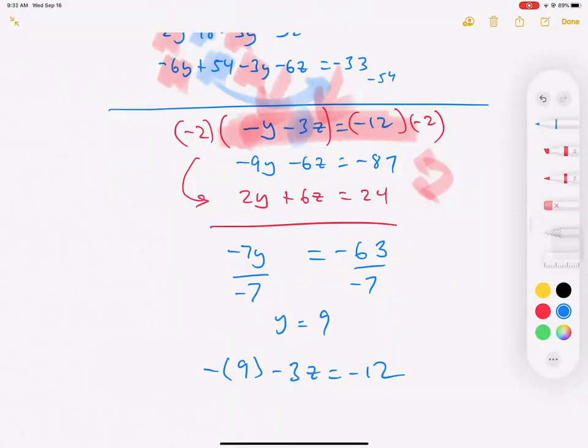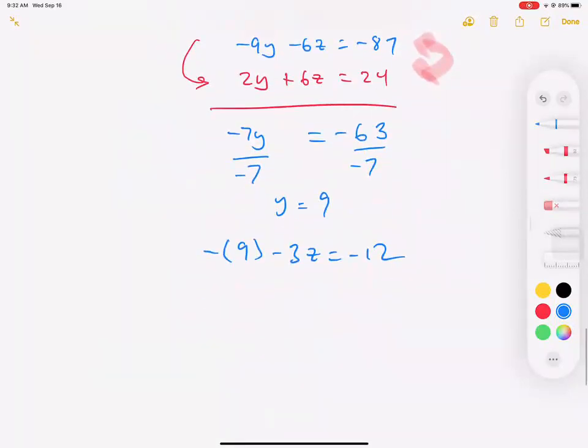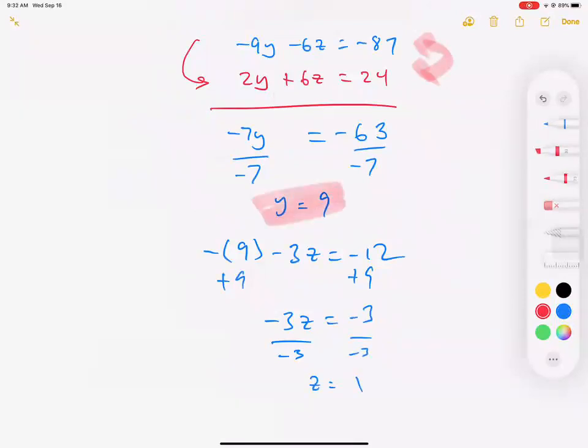Well, hey, look, I plugged in the y, now I can solve for z. So negative 9, I'm just going to skip this step. Just add 9 to both sides. Negative 3z is equal to negative 3. Divide by negative 3. Z is equal to 1. So we solved for y and for z.